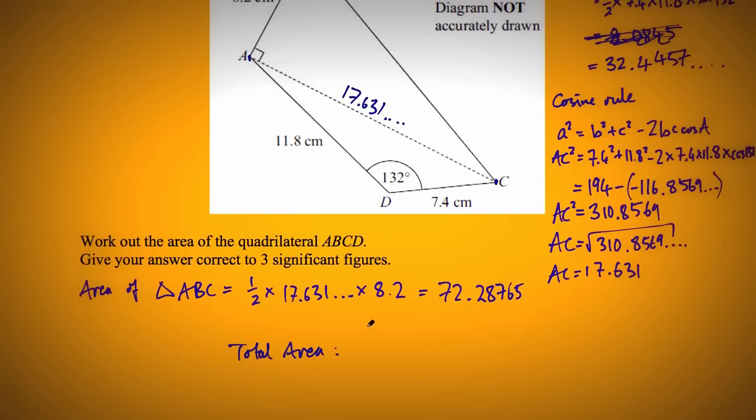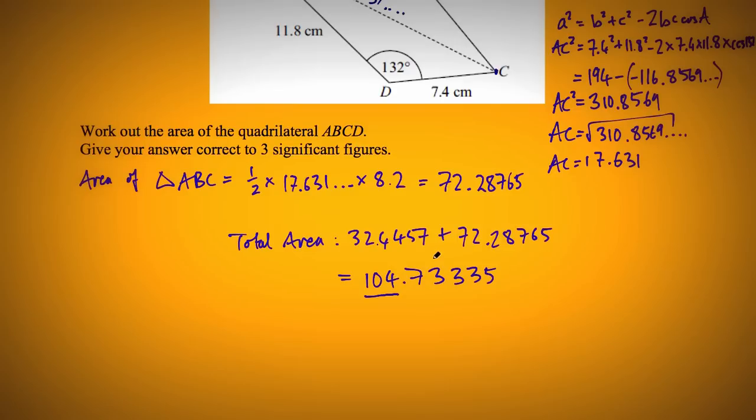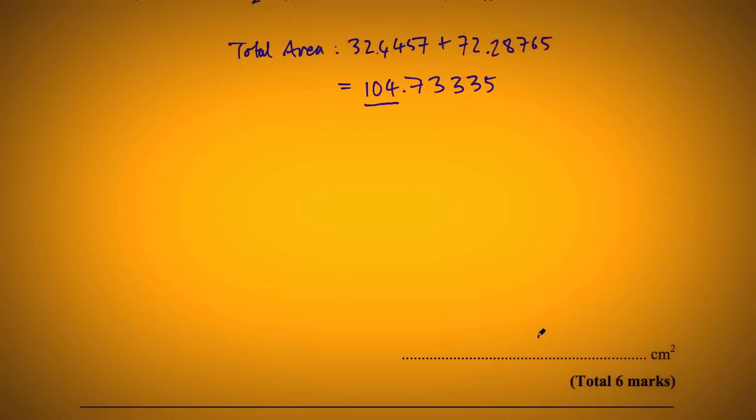Total area 32.4457 plus 72.28765, which equals 104.73335. And for three significant figures, I just need the first 3 digits there. And because that 4 is followed by a 7, I need to round it up. So the total area is 105 centimeters squared to 3 significant figures.